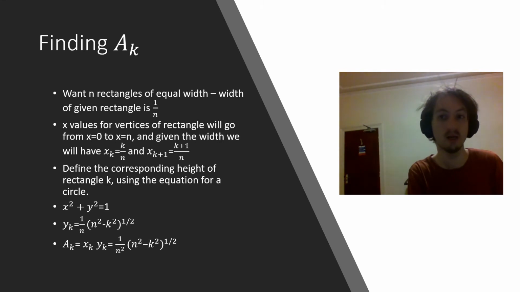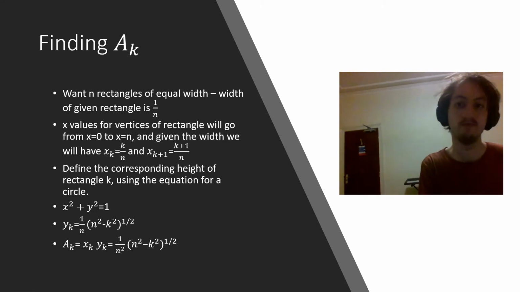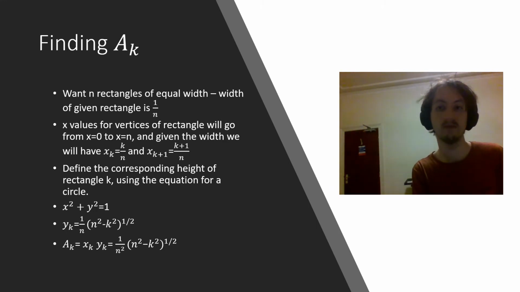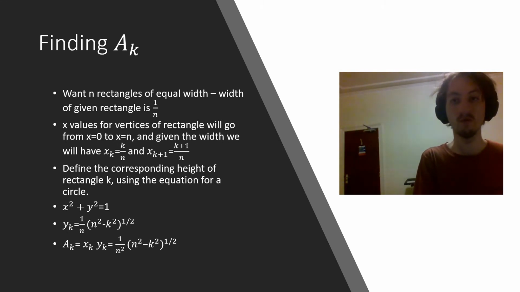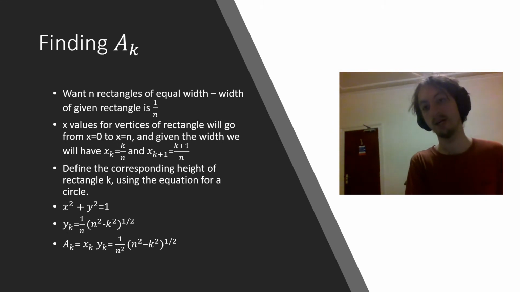Well, to calculate the height, we're going to use the equation for the circle, which is based on Pythagoras' theorem. But for this, we need to know what the x value is of the vertices of this rectangle. So I'm talking about the edges of the rectangle where the rectangle connects with the x-axis.